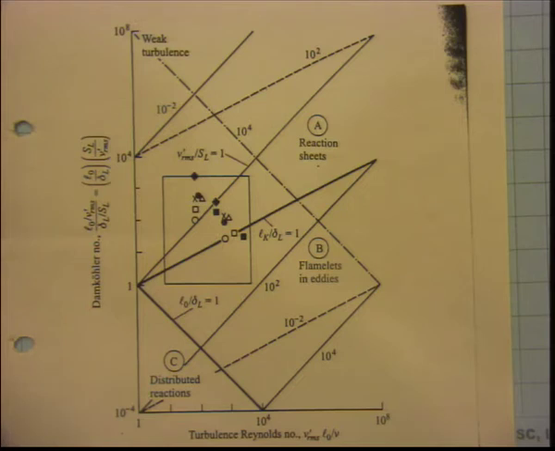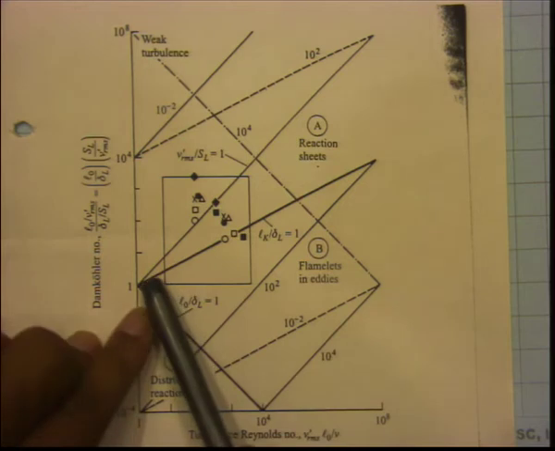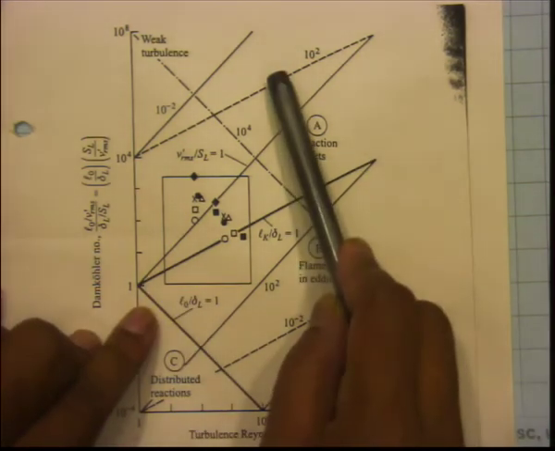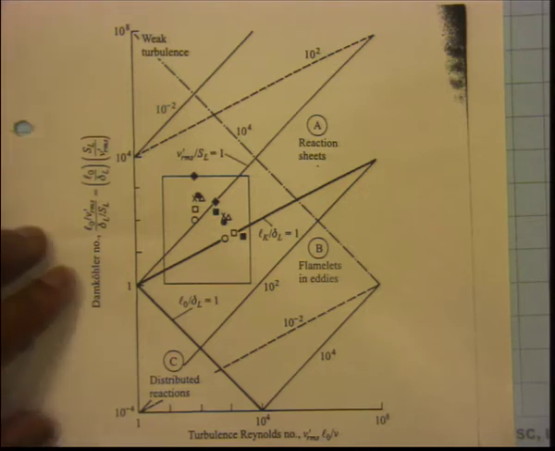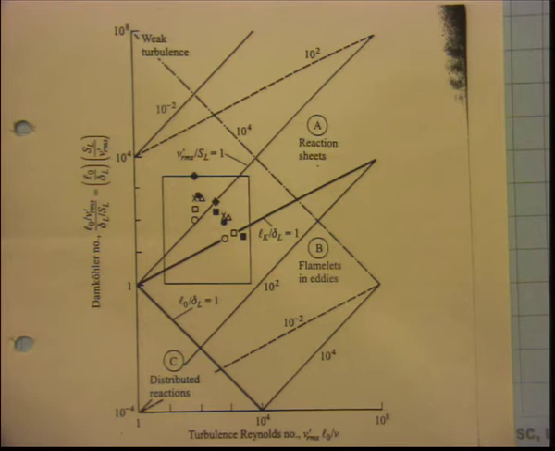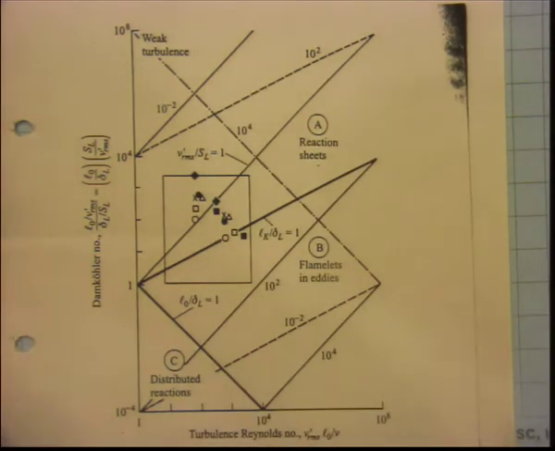So, Lk by delta L is in fact greater than 1. If you go above this line, you go to a situation where Lk by delta L is greater than 1. That means delta L is small compared to Lk, which is the reaction sheet regime. So, we wrote 3 regimes, and this is the first one: the wrinkled reaction sheet regime.